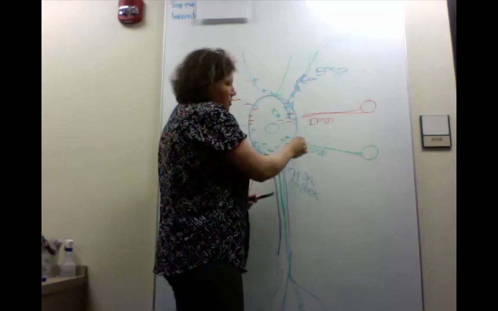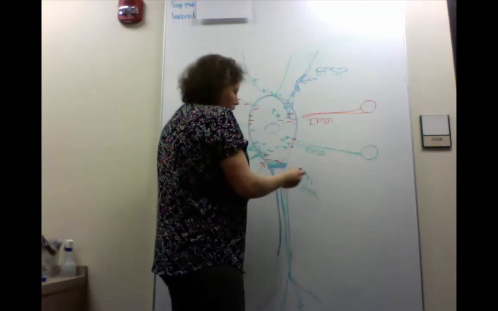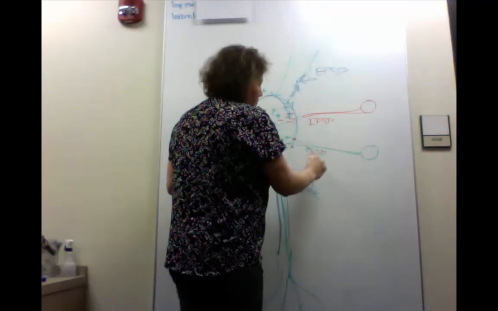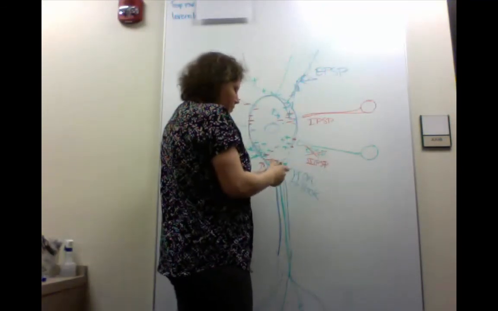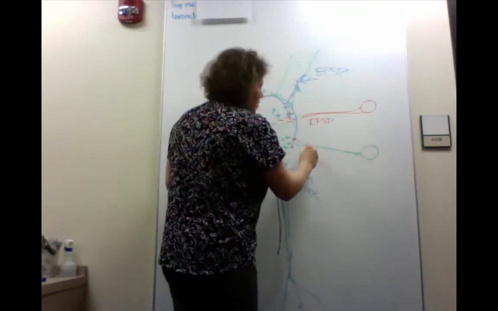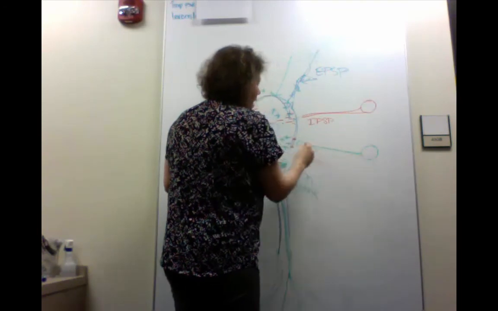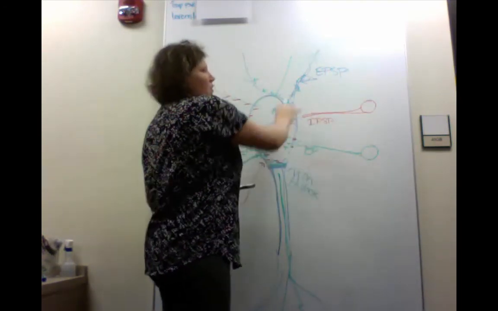It's not like this relationship is excitatory, but now this neuron is going to suddenly change and produce an IPSP. That doesn't work. That's not how it works. The relationships are set: this neuron always has this type of relationship on the cell, this one always has this type of relationship on the cell, and so on.